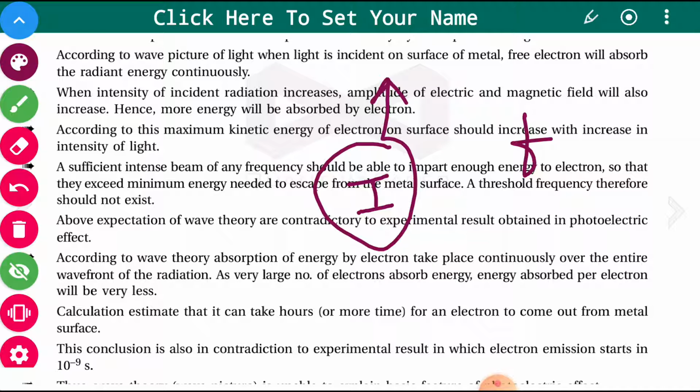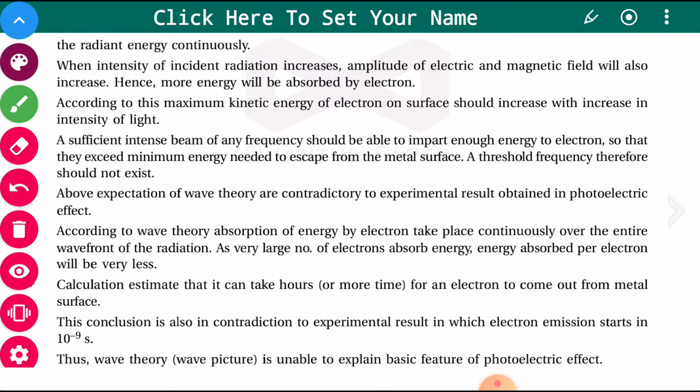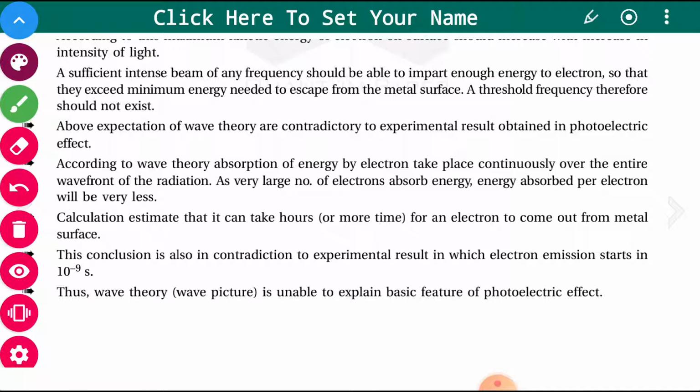Threshold frequency therefore should not exist according to this wave theory. Now these expectations of wave theory contradict the experimental results of the photoelectric effect.